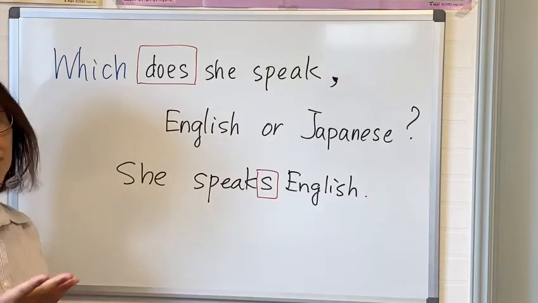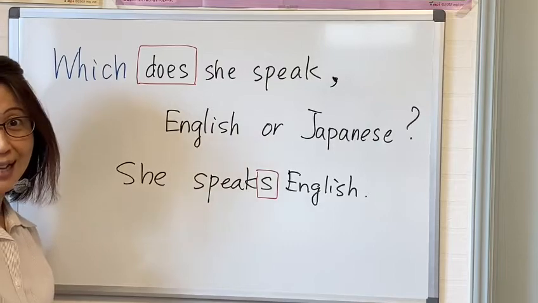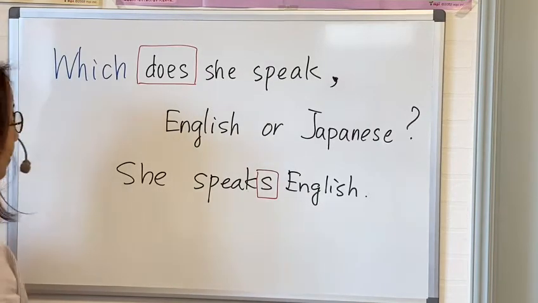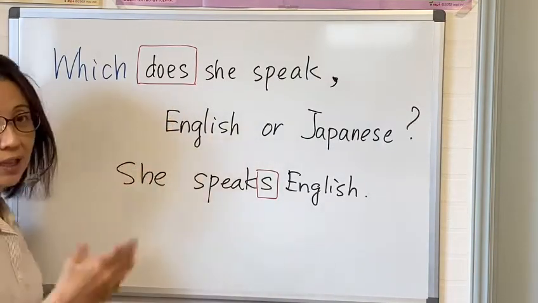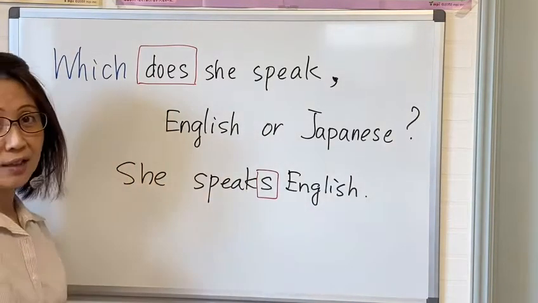For example, if you want to ask どっちの男の子があなたは好きなの, you can say Which boy do you like?